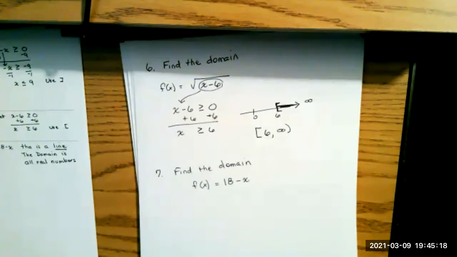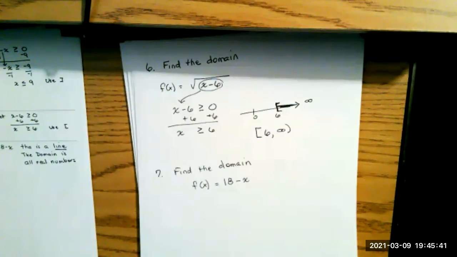Do we put 18 minus x greater than or equal to 0? No, because it's not under a radical. That's right. They're trying to trick you. See, that's what you would automatically do because you've been doing it, is put 18 minus x greater than or equal to 0. But you don't do that on this one.